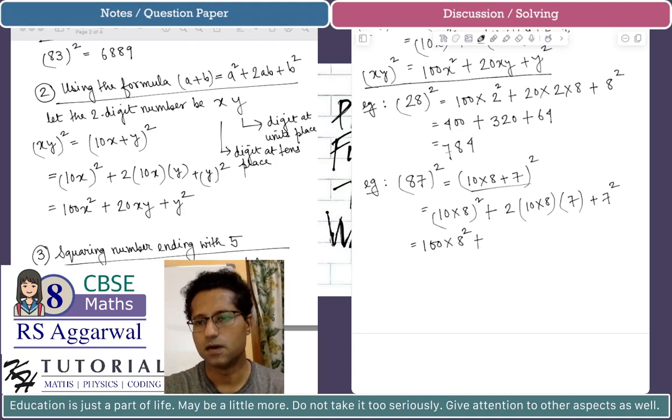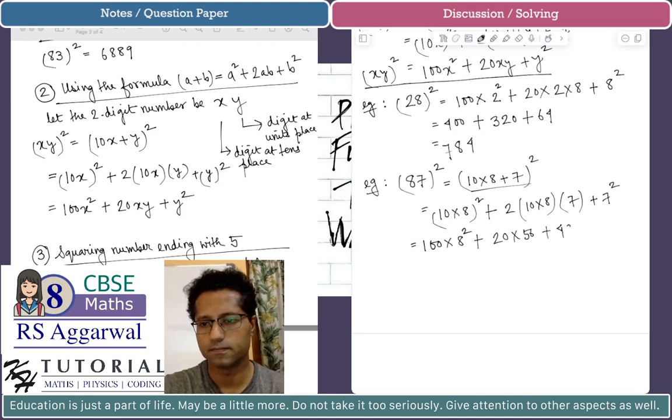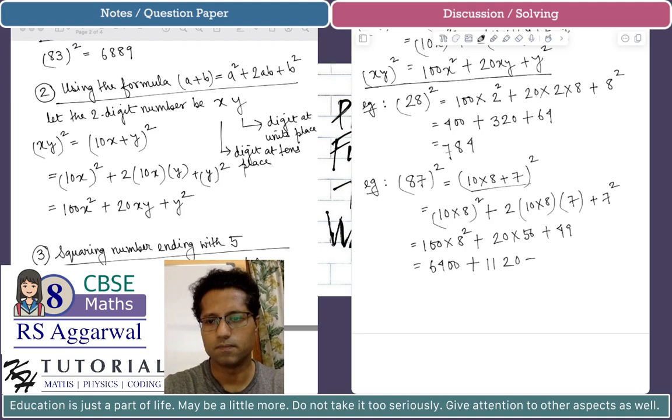Now plus I have 20, 2 into 10 into 8 into 7 is 20 into 56, and I have 49. This is equal to 8 square is 64, so 6400 plus 20 into 56 is 1120, plus 49.